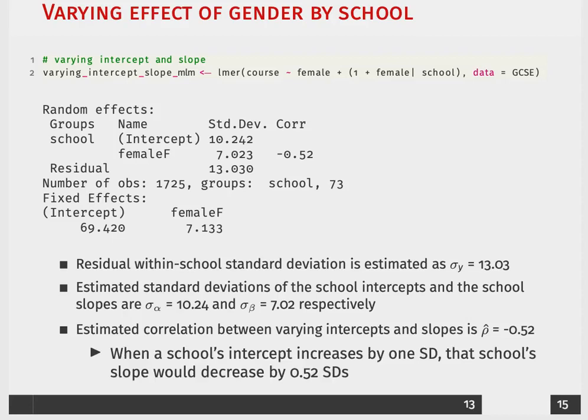So when a school's intercept increases by 1 standard deviation, that school's slope would then decrease by 0.5 standard deviations, which I guess kind of makes sense in the sense that as a school performs better more generally, the difference between females and males will be less.